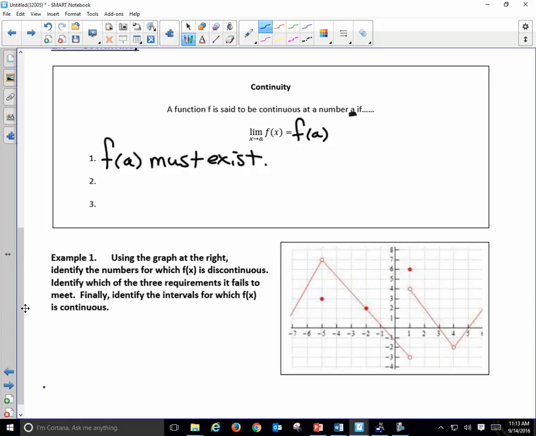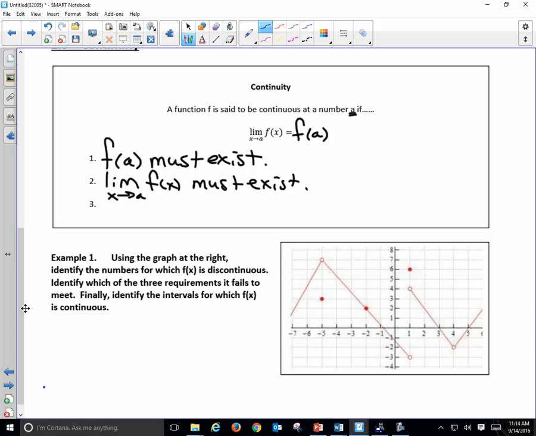If you don't get an output, does it make sense that it wouldn't be continuous? Number two, the limit as x approaches a of the function must exist. If the limit doesn't exist, it would mean that the limit is different from the left than it is from the right, or something of that nature, and then obviously you would have to pick up your pencil and draw it.